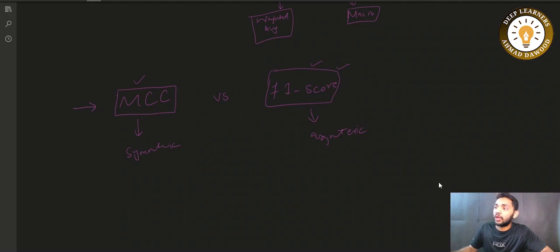Now you can ask, why can't we use MCC in the case of multi-class? The main advantage of MCC was that it is a formalized design catering to all the cells: true negatives, false negatives, true positives, false positives. But in multi-class classification, after calculating the score for each class, we again take the average.